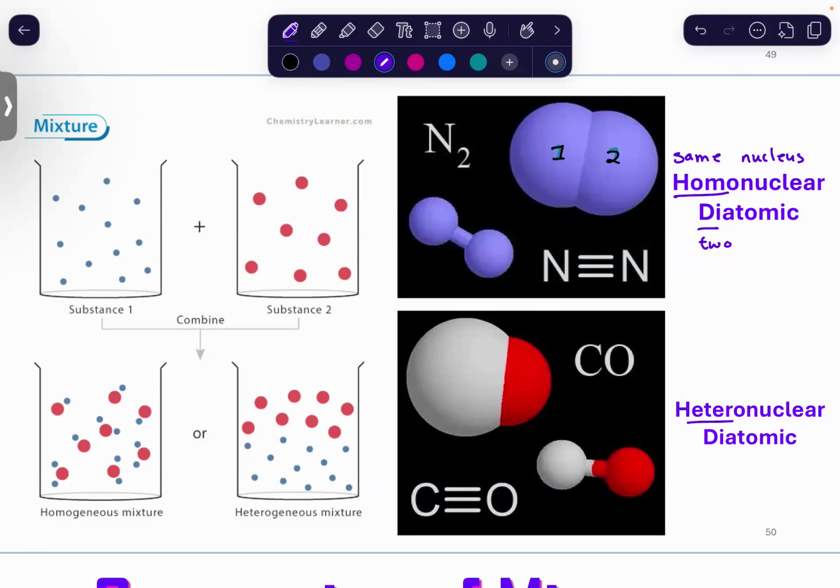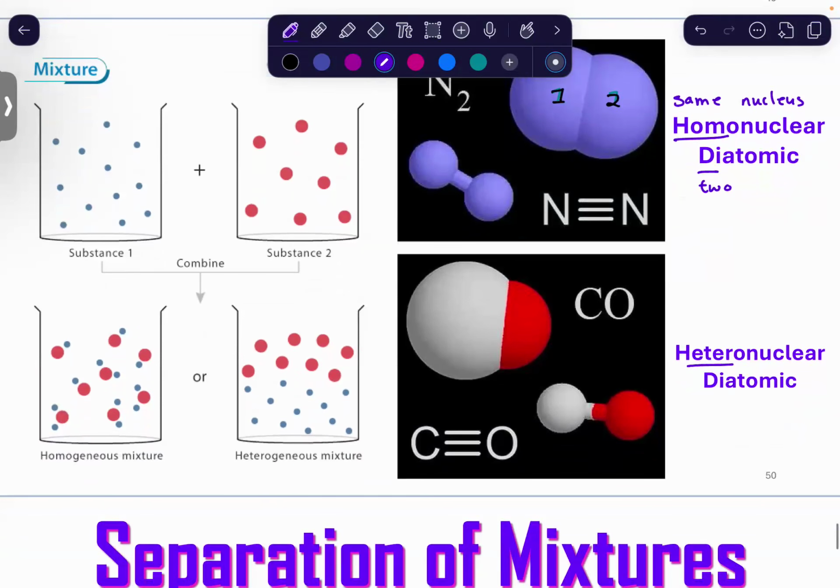So homonuclear diatomic. Homonuclear, same nucleus, so same atom, diatomic, two atom molecule. So N2 versus heteronuclear: hetero, different, nucleus, diatomic, two atoms. It's a molecule made up of two atoms that are different nuclei.